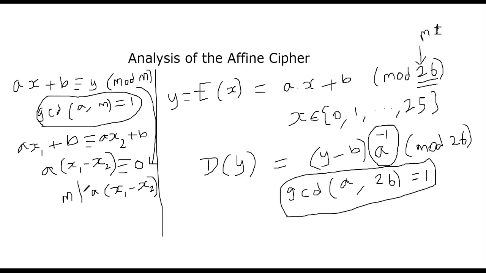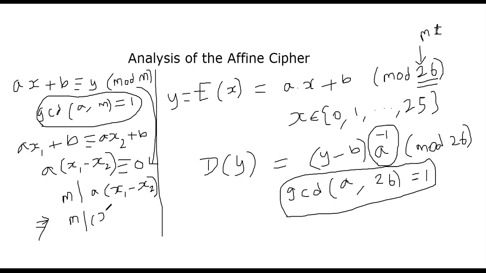That means from the properties of number theory, M doesn't divide A, because the GCD of A comma M is 1. That means M must divide x1 minus x2. Otherwise, M wouldn't have been able to divide the product of these two numbers. This is key. This implies M must divide x1 minus x2.